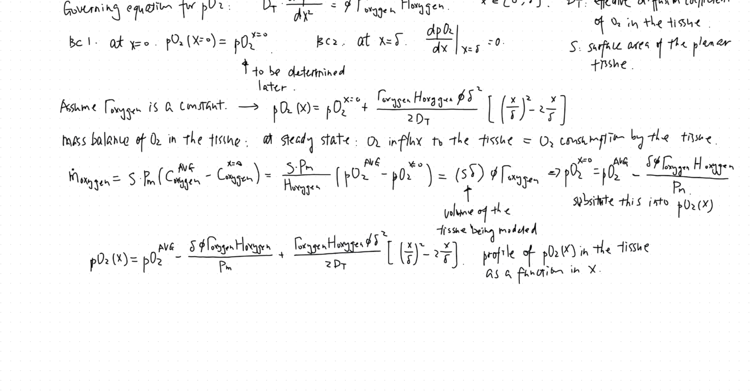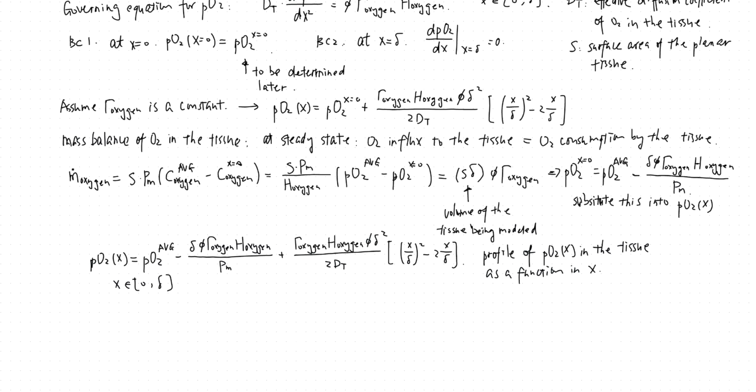You can use it to find the flux by Fick's first law, and then you can use it to evaluate the PO2 at any x. So any x means x belongs to 0 and delta. So if you are asking, okay, at 1/2 delta, what's the oxygen level? You just evaluate this equation at x equal to delta divided by 2. So you can do a lot of things with it.